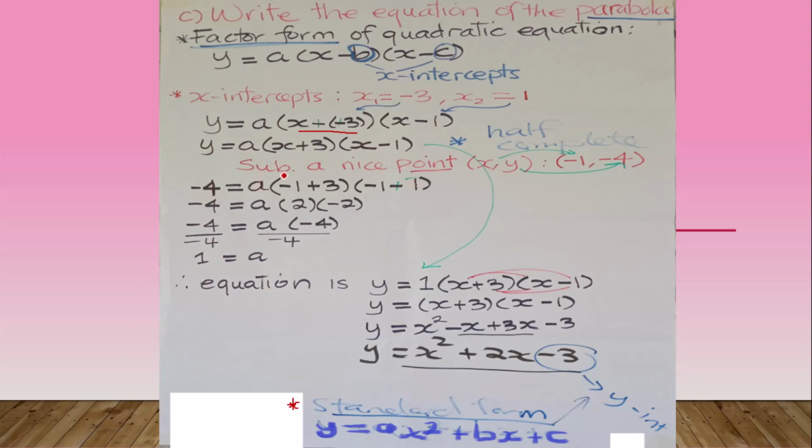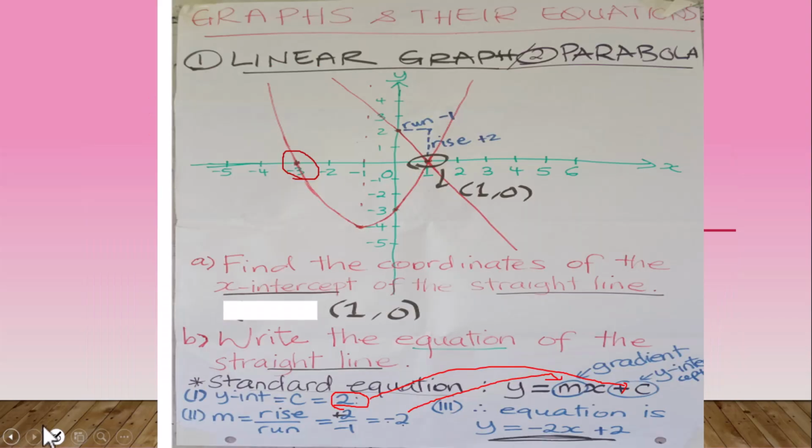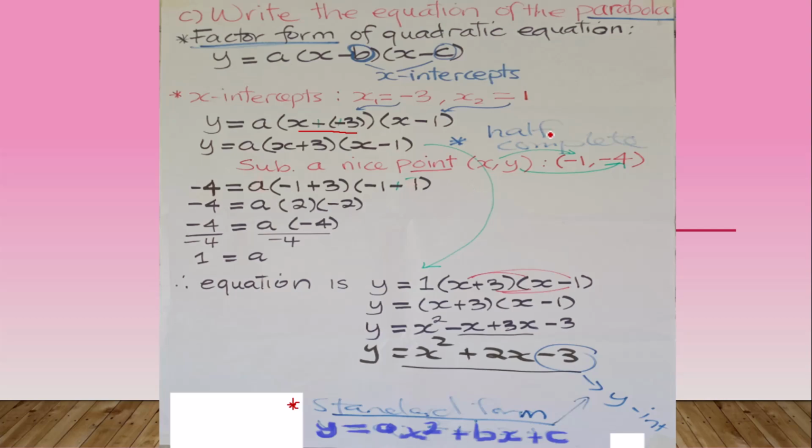Now for our case here, we pick the turning point, which is this point right here, where the x coordinate is -1 and the y coordinate is -4. So we substitute in.